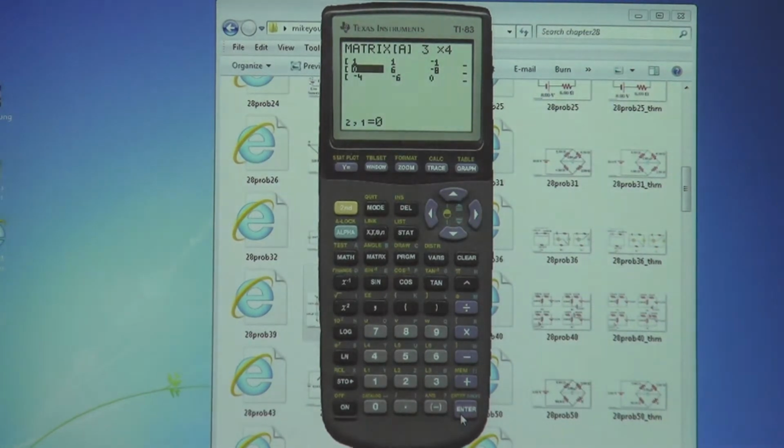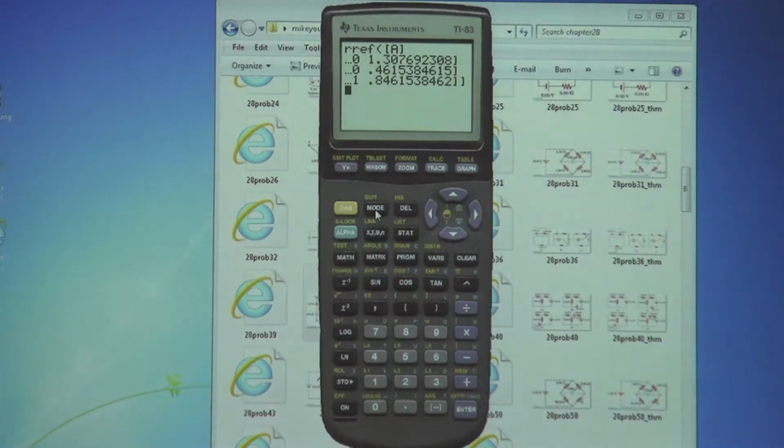Then -5, 3, 0, -8. The next one is 0, -3, -5, -4. All right, so there's my matrix A.